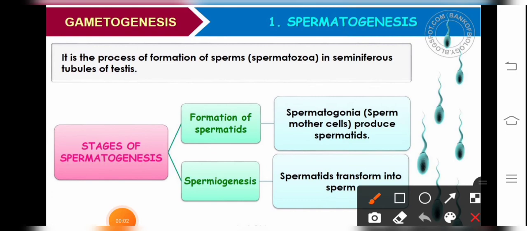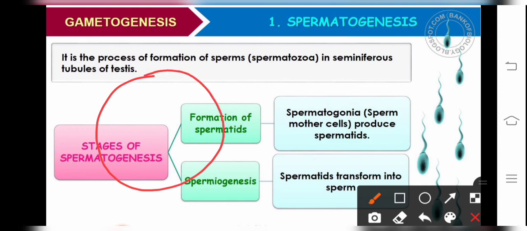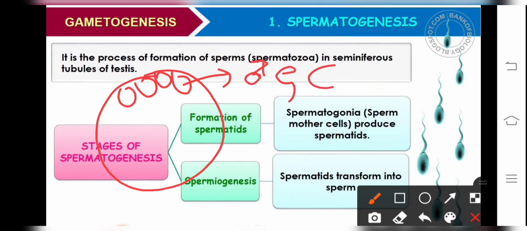If you consider the structure of the seminiferous tubule, it is lined by two types of cells. One is the male germ cell, whereas these other cells are called Sertoli cells.